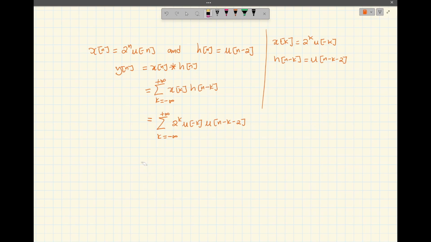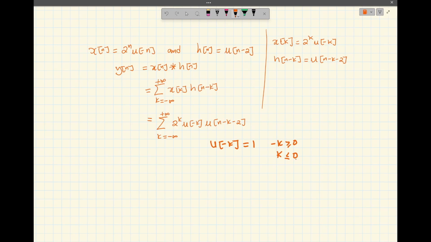First of all, we need to take care of the unit step functions. u of negative k is 1 when negative k is positive, that means k is less than or equal to 0.